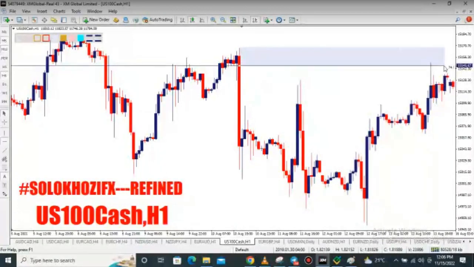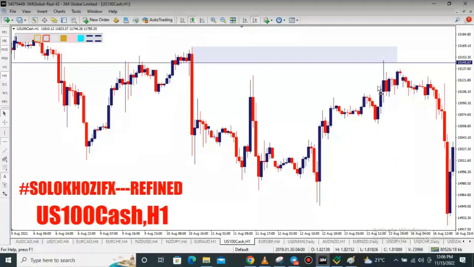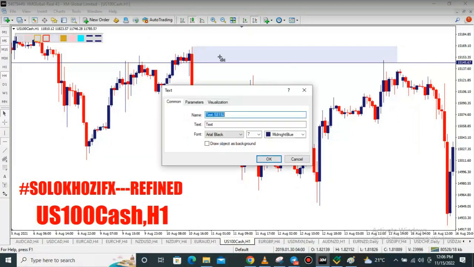Then we got this triggered. There's also a bearish engulfing type 3.